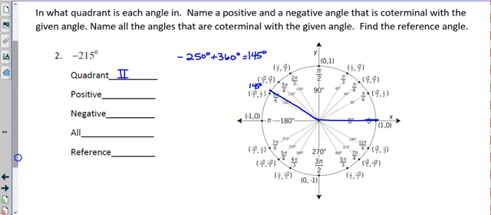We kind of already did the work for a positive one. We're now at 145 degrees. For a negative one, take your negative, oh, this should have been negative 215. Fix that. Negative 215 minus 360. And that is going to give you negative 575.